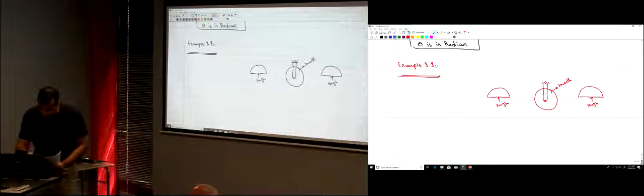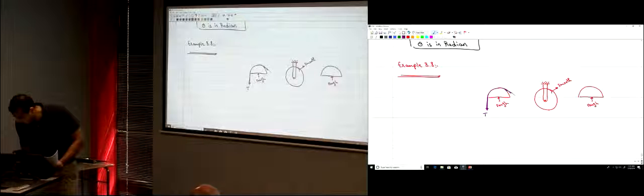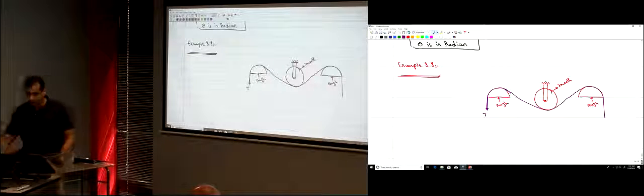So this is smooth, and this surface is rough, and rough surfaces. Okay? And then we have a cable here running like this. There is a force T, and it's running like this. Then it goes down here, okay?